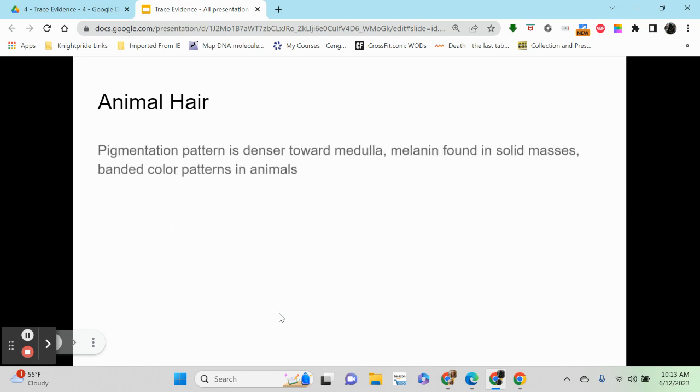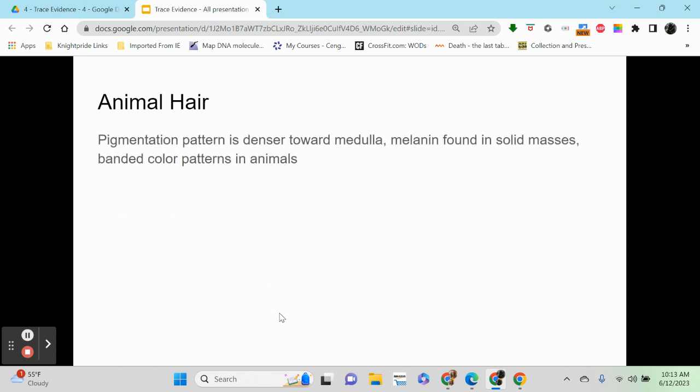Now, like I said, animal hair and human hair are going to be very different in terms of their appearance. With this, the melanin, like I said, is going to be solid, right? So for animals, their medulla, and I know the melanin's in the cortex, not in the medulla, but in animals, the medulla is going to be continuous.